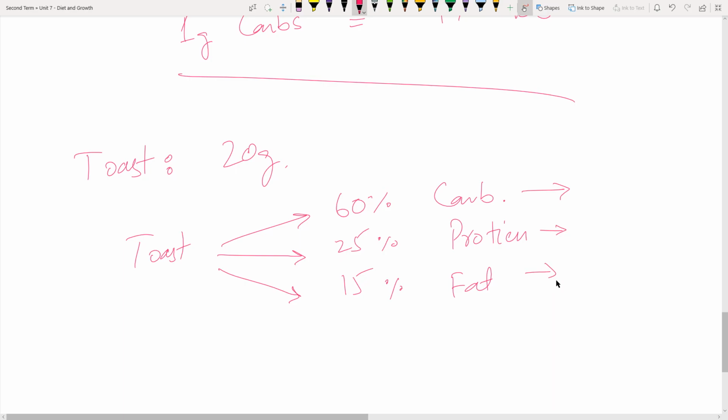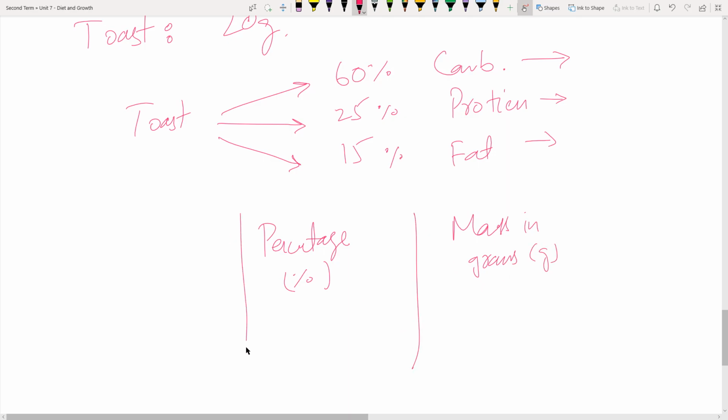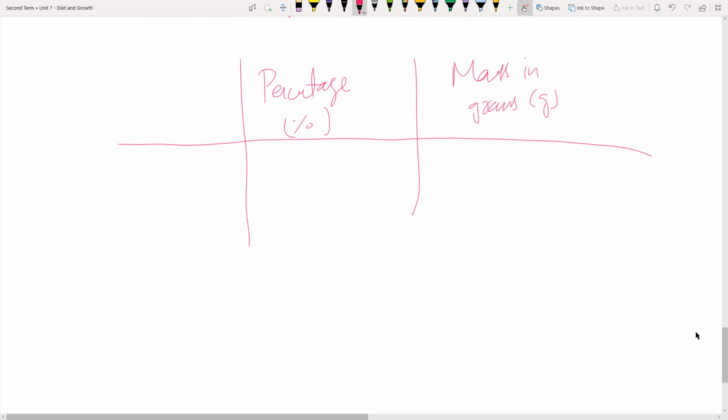We just need to tabulate this. It's very simple, we can say percentage. Although, as I said, in the questions you will have the tables available for you, and we can say mass in grams, small g. So if we break it down, how much grammage is there, and then we can go for our energy calculation.